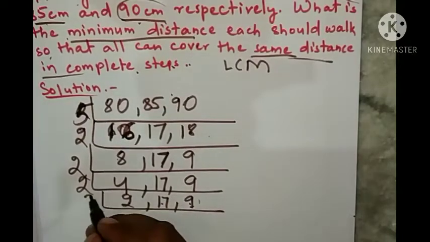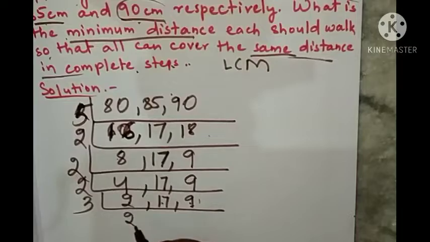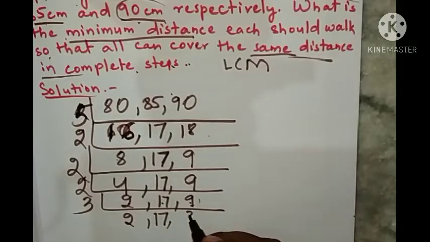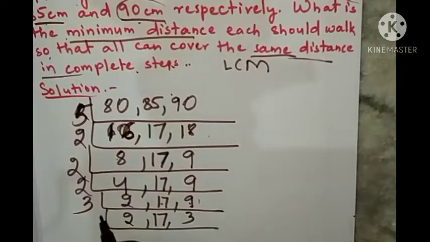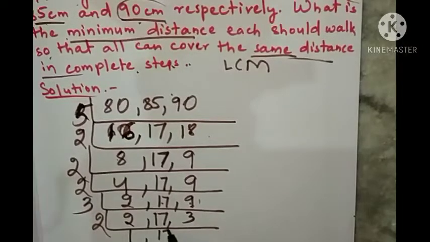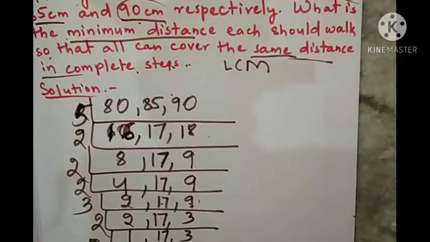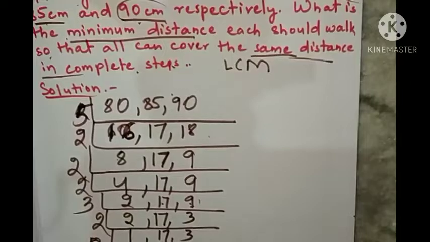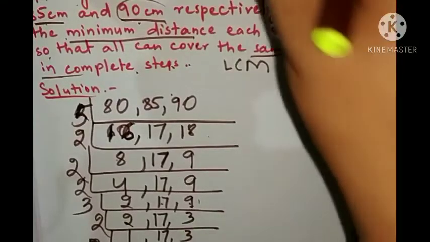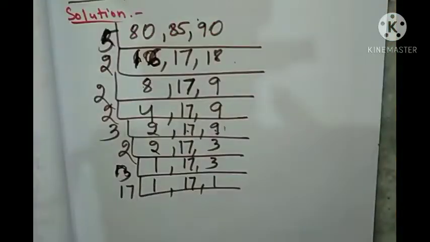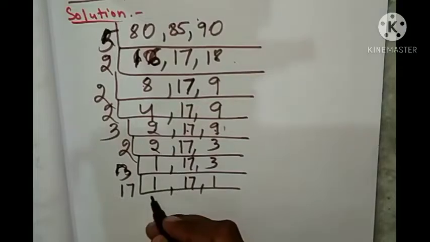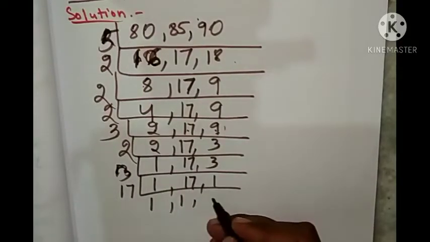We can divide it by 3. 2 is a prime, 17 is a prime, then 3 3s are 9. Then 2 1s are 2, 17, 3. Then 3, 17, 3 1s are 3. Then 17, 1, 17 1s are 17, 1.